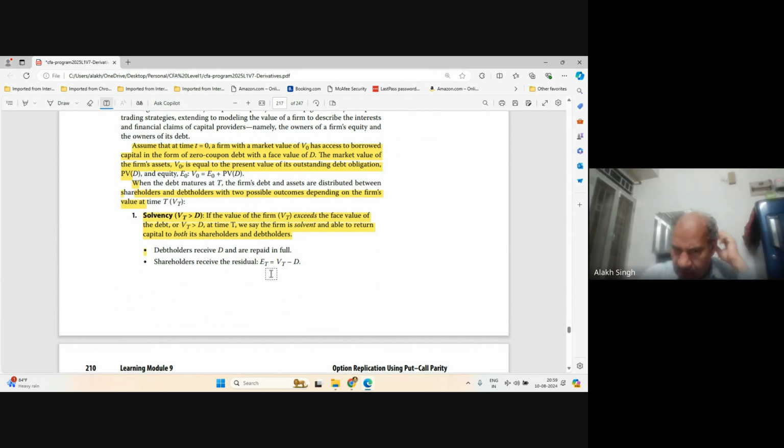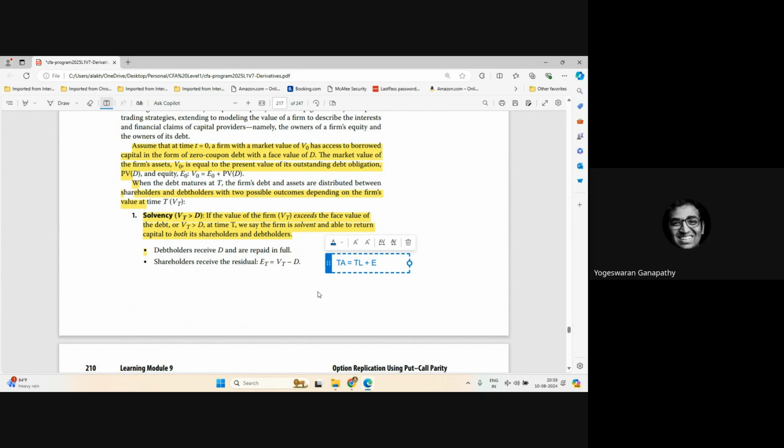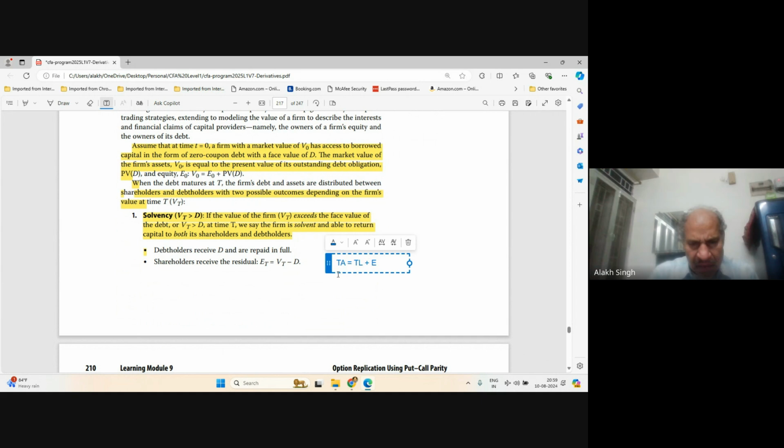In accounting, we have total assets equal to total liability plus equity. So total assets is the value. This one is V0, value of the firm. This one is VT at time T. Total liability will also be at some time T, and equity will also be at some time T.